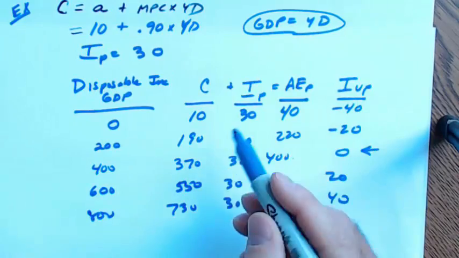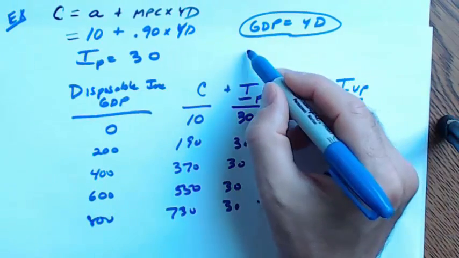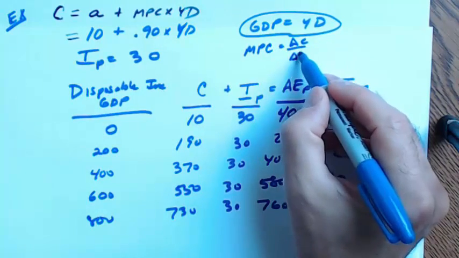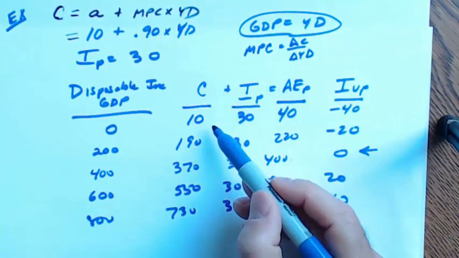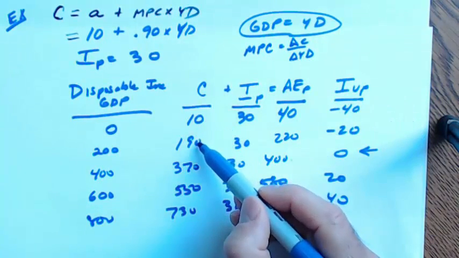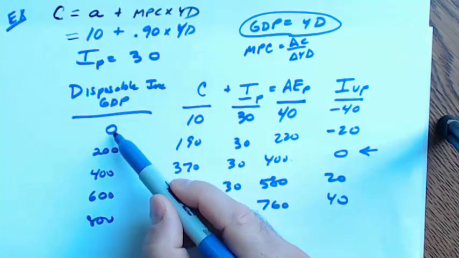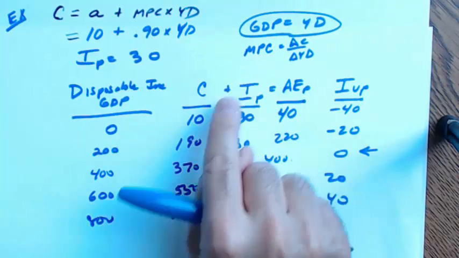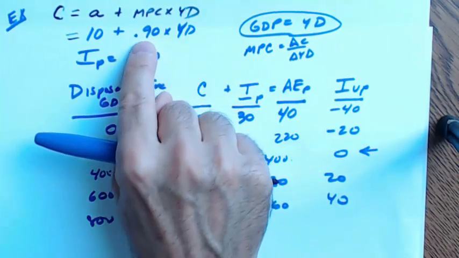Well, you can, because remember, the marginal propensity to consume is your change in consumption for a change in disposable income. So you can see your consumption is changing here by 180, divided by your change in disposable income of 200, that's telling you that you have a marginal propensity to consume of 0.90.